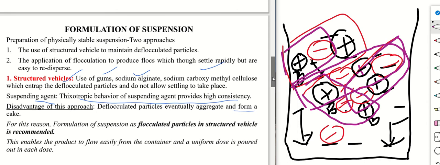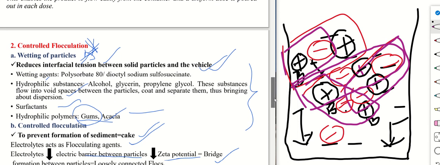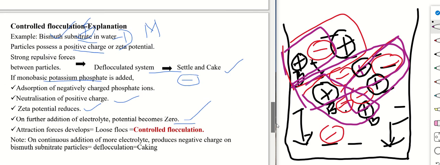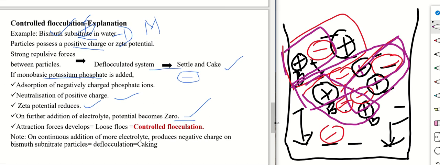Now let's see controlled flocculation. If we keep on adding electrolyte in more concentration, then the controlled flocculated suspension turns into a deflocculated suspension again because of more repulsive forces.